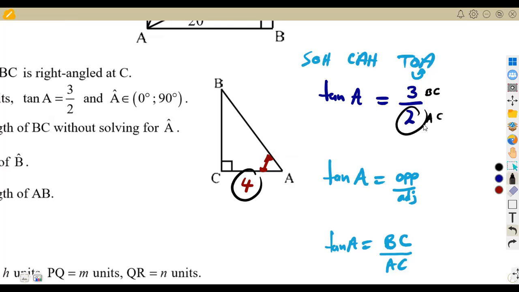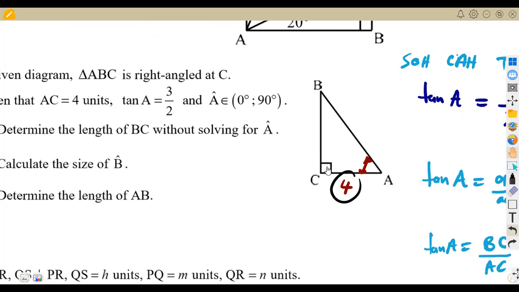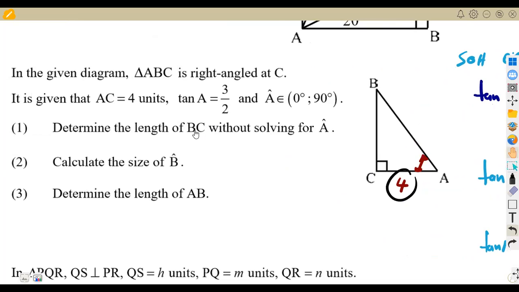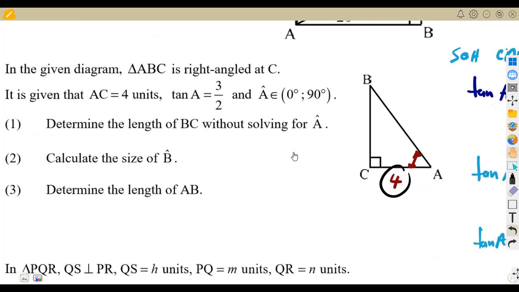But if we check AC here, it's 4. Here it's 2. So it means this ratio was reduced. In actual sense, they are saying determine the length of BC without solving for angle A, so this is what you do.